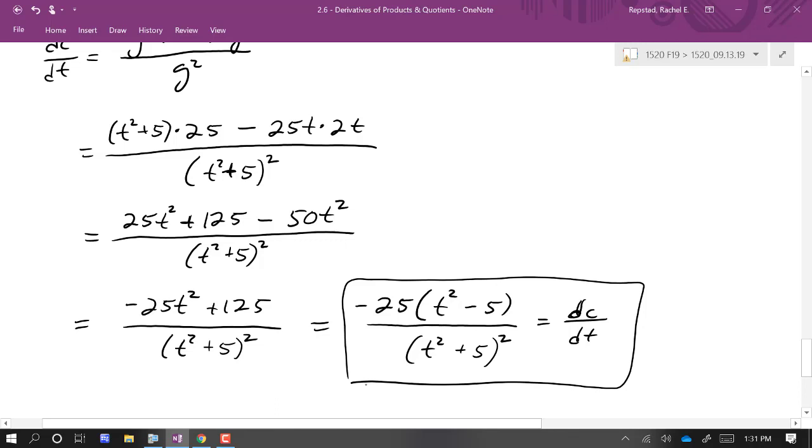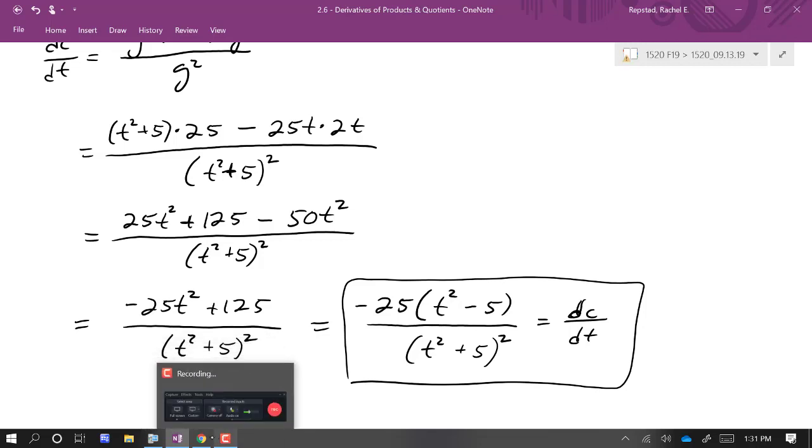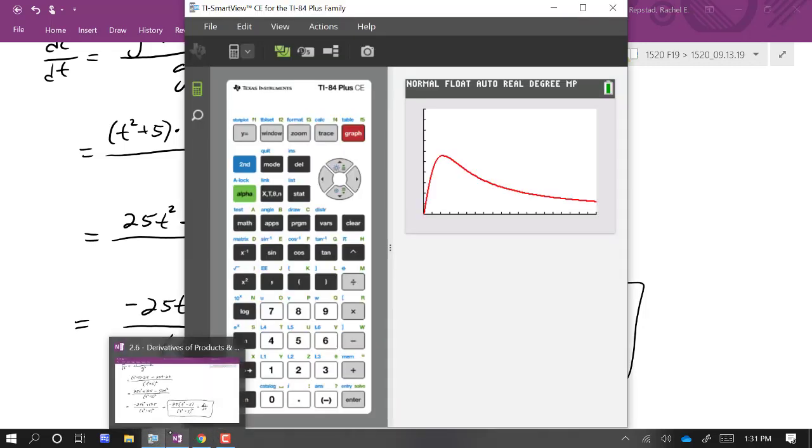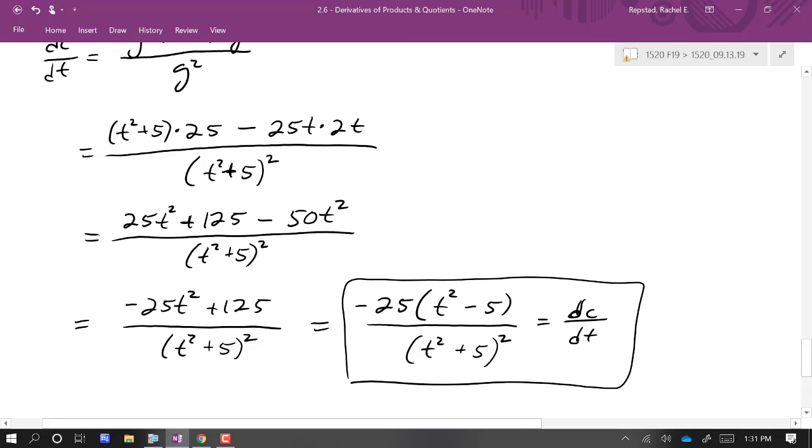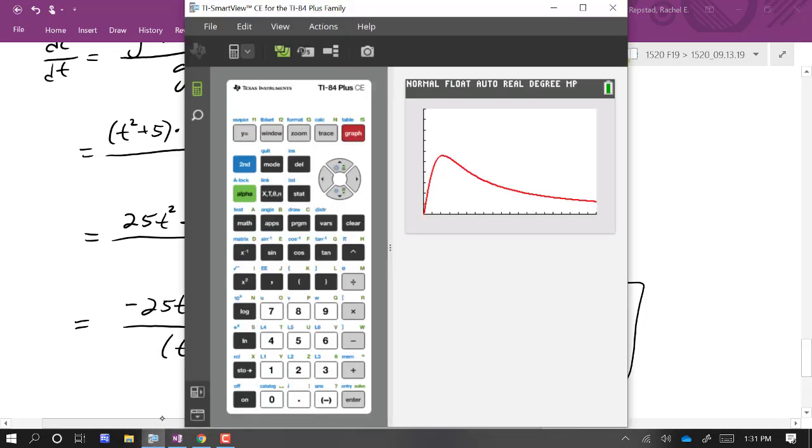Now, if we're done, we're just going to bring up the graph again. This is the concentration, right? This is the original function. And it starts out increasing. So if I analyze the behavior of the derivative function, dC/dt, we would expect dC/dt to be positive here, right?